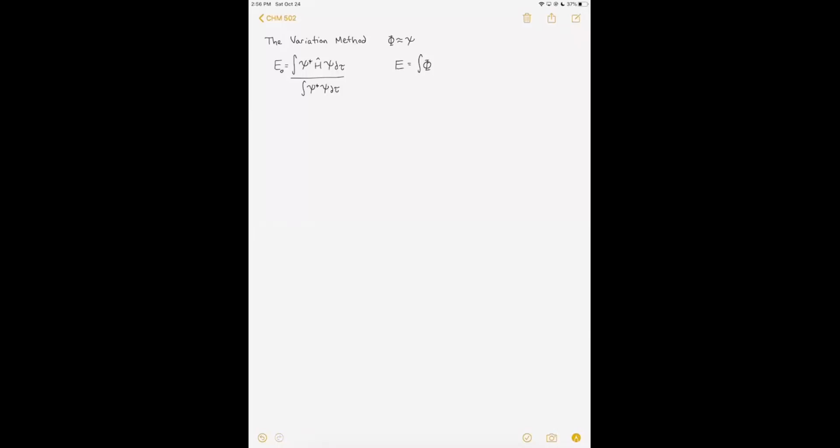We don't know what the wave function is, but we're going to guess phi might be close to it. We take phi, operate on it with the Hamiltonian, multiply that by the complex conjugate and integrate, and then we normalize as well, as phi is not already normalized. And according to the variation theorem, this is always going to be greater than our actual energy E naught, and it would be equal to it in the case where we choose the actual wave function.